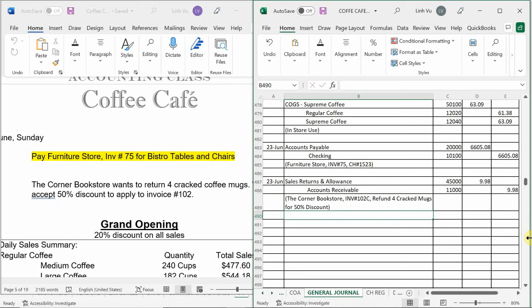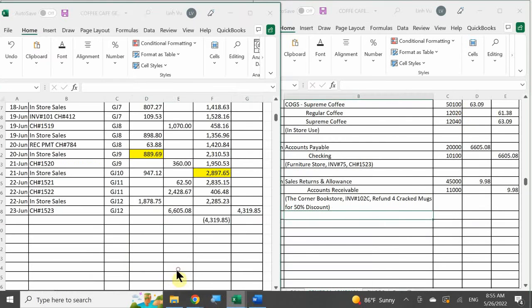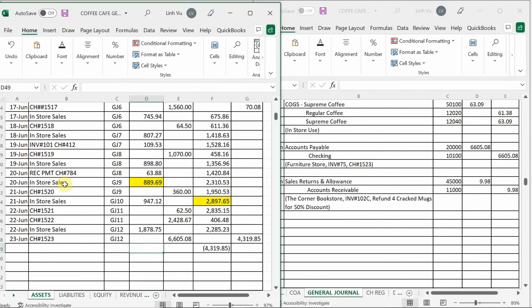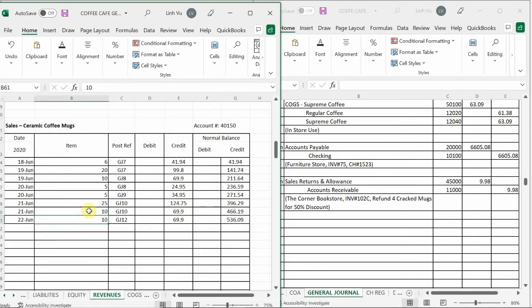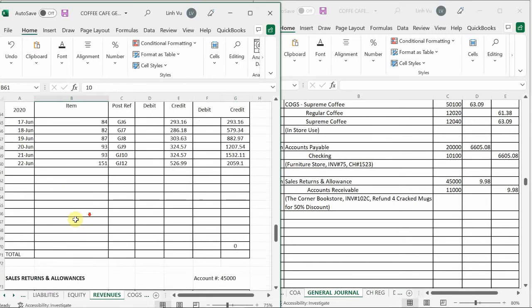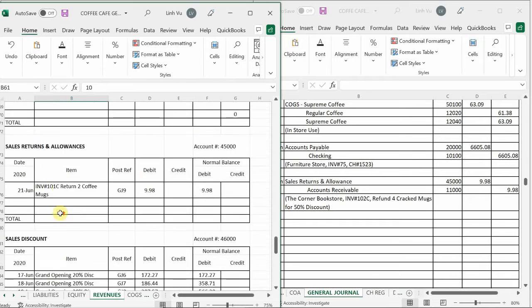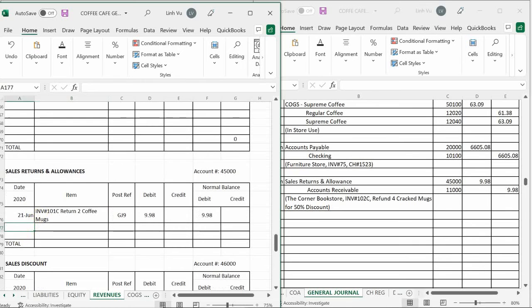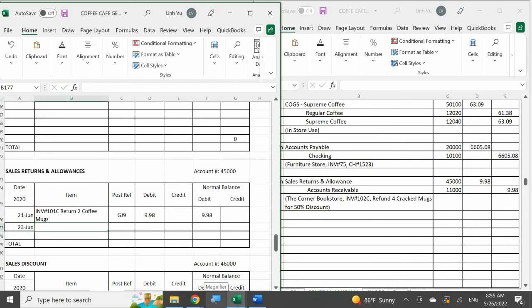So now that my journal's done, I need to go ahead and update my ledger. This didn't have anything to do with our checking account. Sales, returns, and allowances. Today is the 23rd.